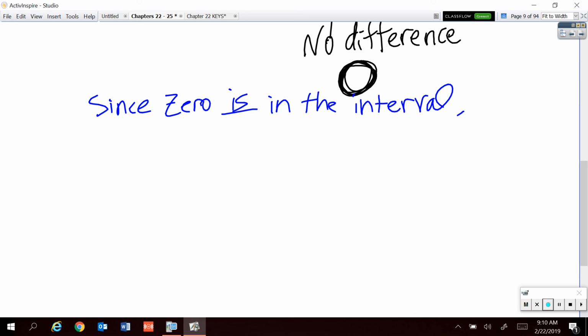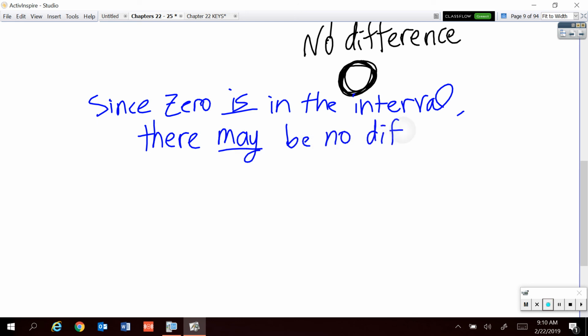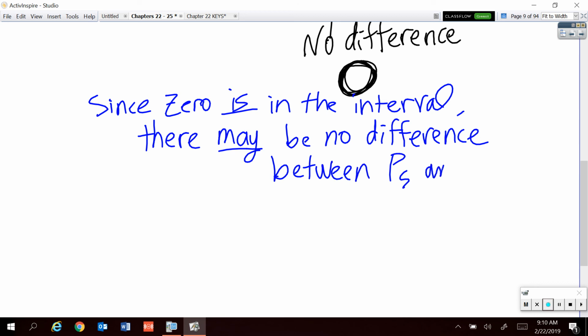There may be. Can I say there absolutely is definitely no difference? No. There may be no difference between P of S and P of N.